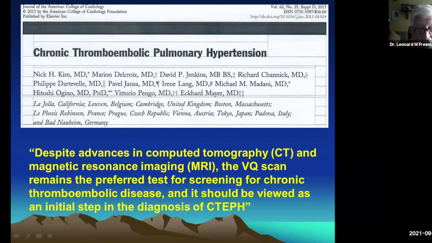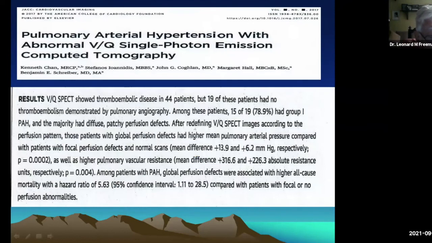This particular paper, as you see, comes from a combination, it's an international study, London, Boston, Tokyo, whatever. Here you see a study from Great Britain, okay? VQ SPECT, and I'll talk about SPECT in the question period. VQ SPECT showed thromboembolic disease in 44 patients, but 19 of these patients had no thromboembolism demonstrated by pulmonary angiography.